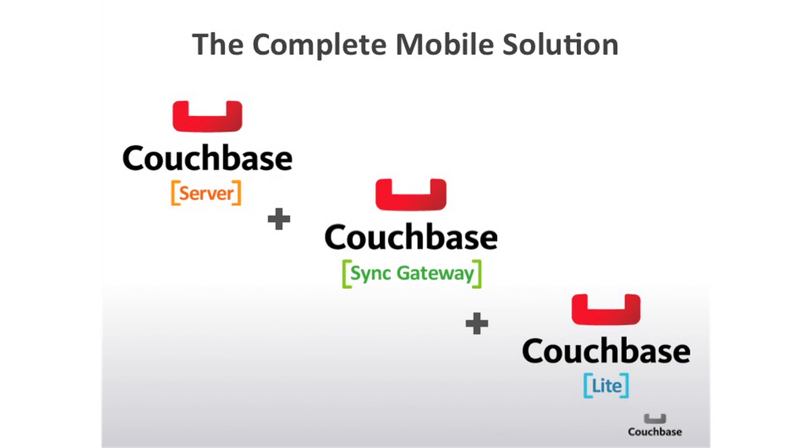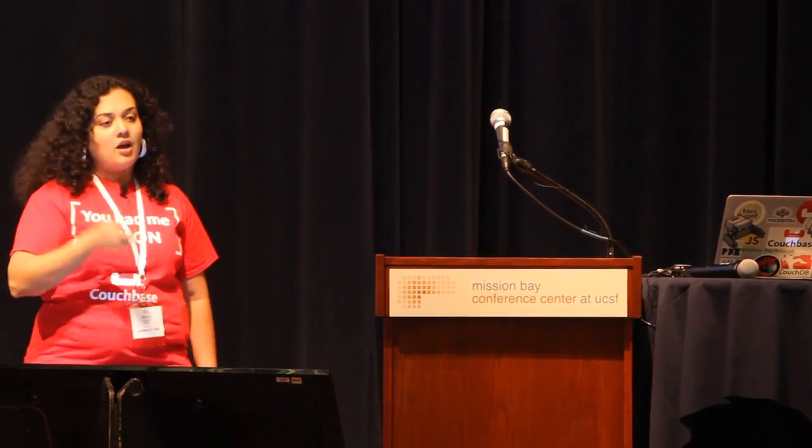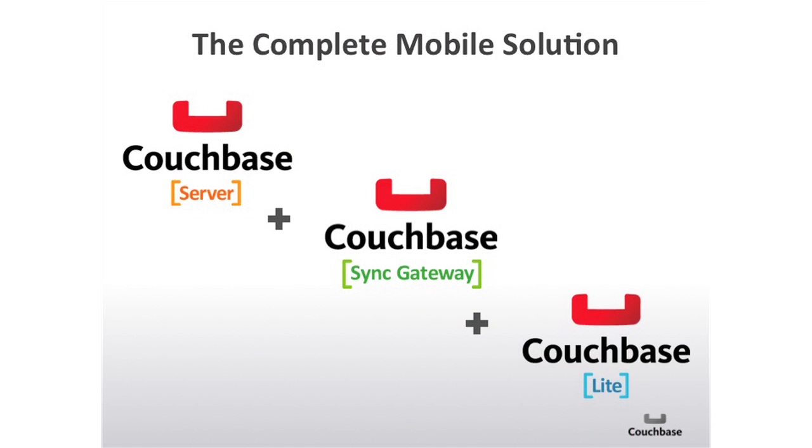We started off with Couchbase Server. Couchbase Server is the clustered NoSQL database. It could either run on-premise or in the cloud. We added Couchbase Lite, which is your native database for on-device, iOS and Android. And then to this, we added Sync Gateway, which completes the Couchbase solution for you to build a mobile data management stack to build your applications.